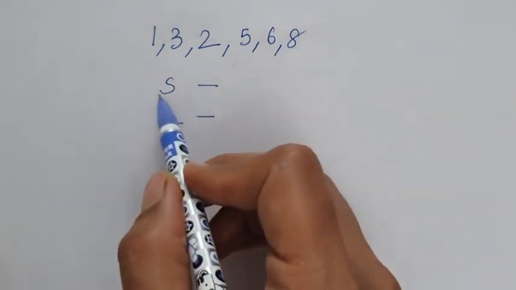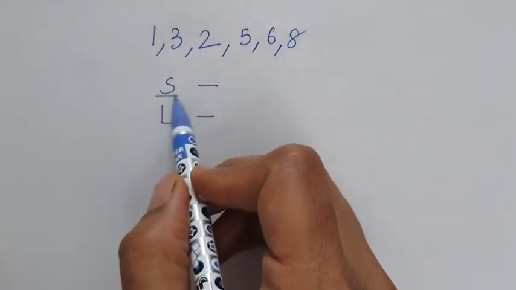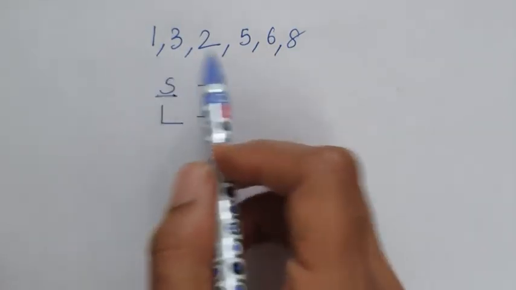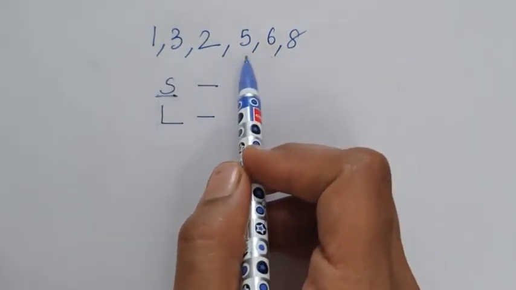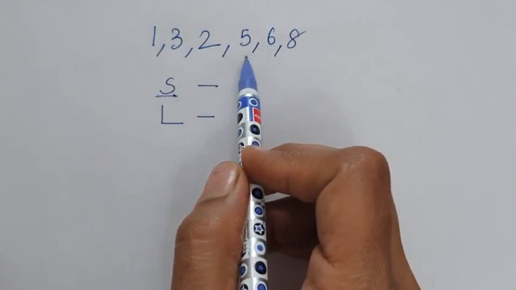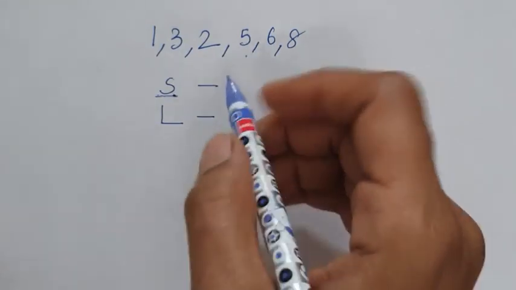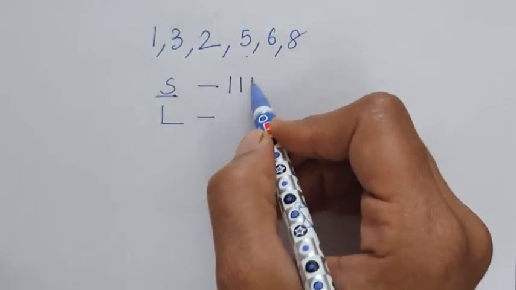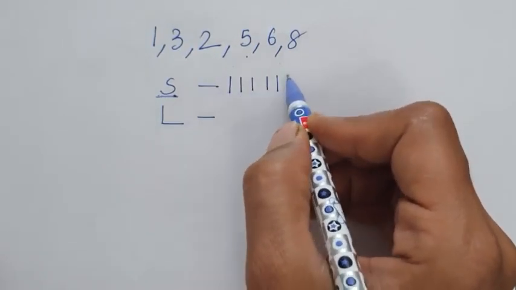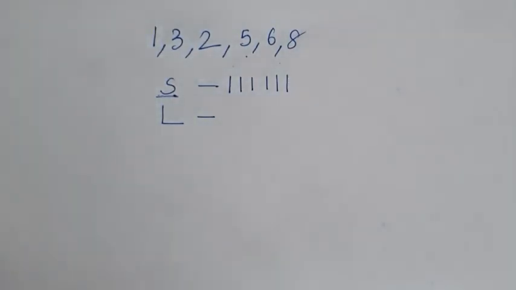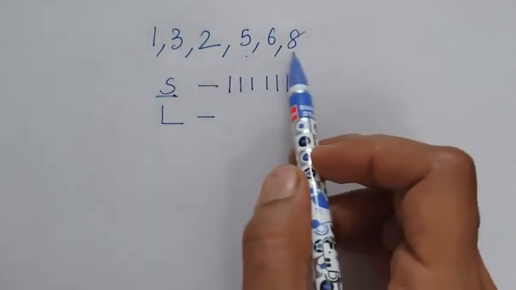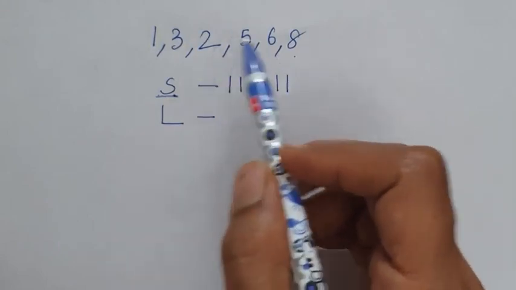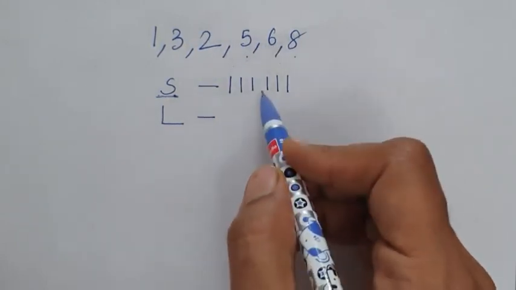Now since we are writing the smallest 6 digit number from these numbers with the condition that repetition is allowed, let us start first from 1. Now we can write it again and again, that is 6 times, because the condition is given that you may repeat the digits.